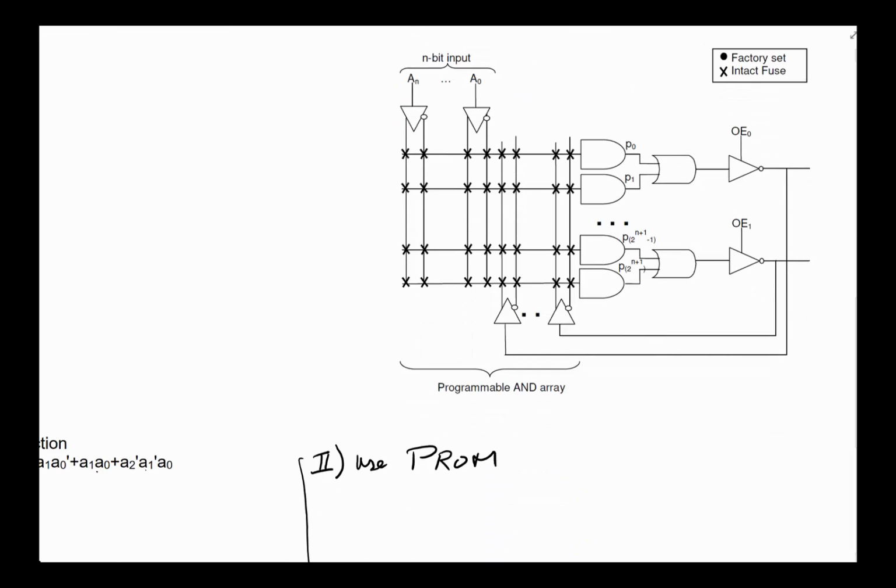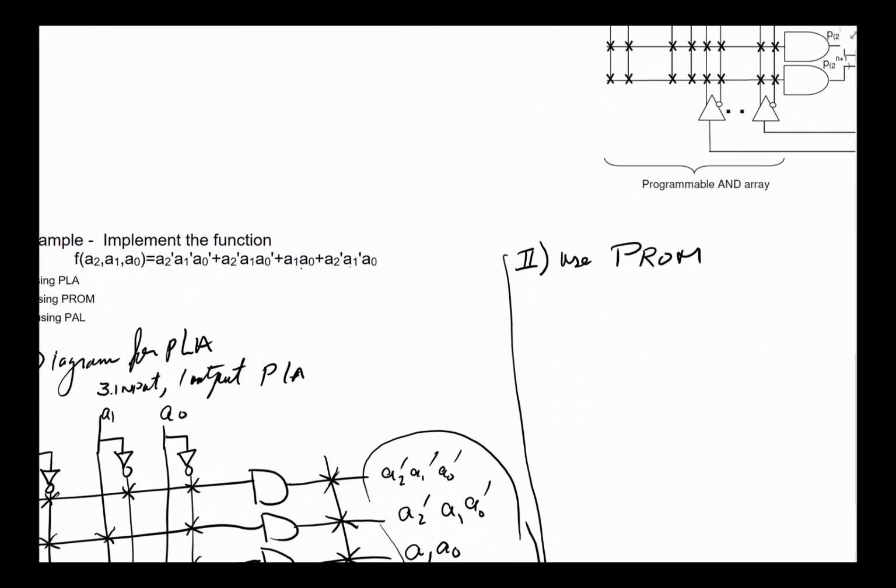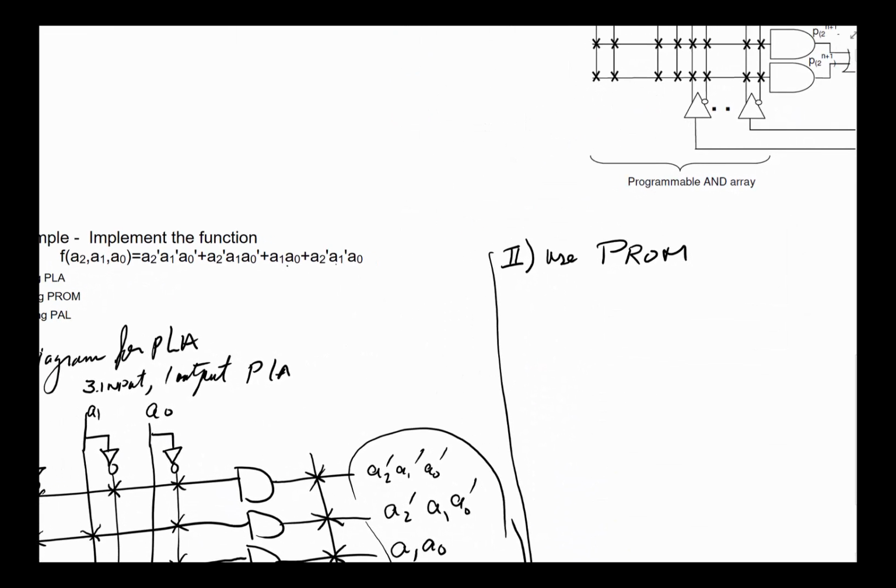So what's the best way of knowing what the minterms are? The best and easiest way to figure this out is to do a truth table. So we have A2, A1, A0, and then the function here.